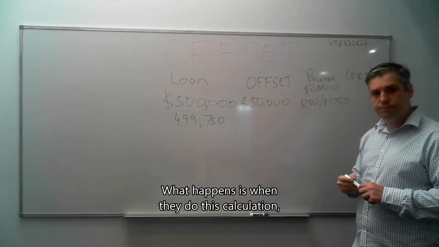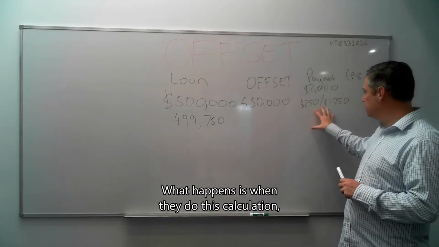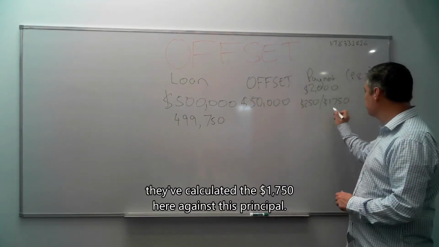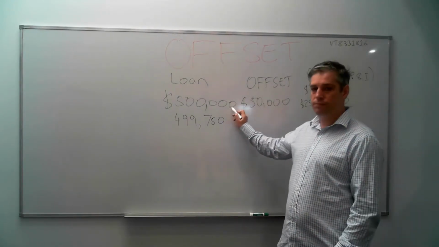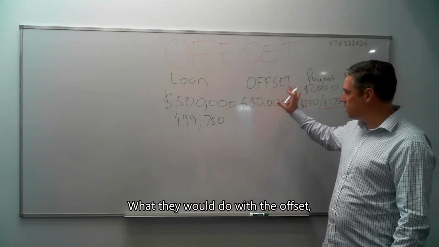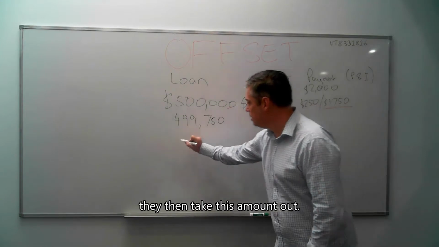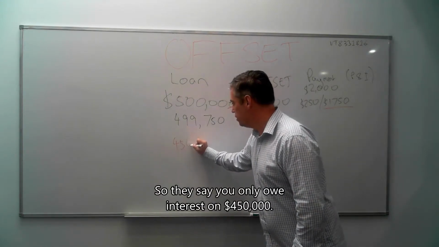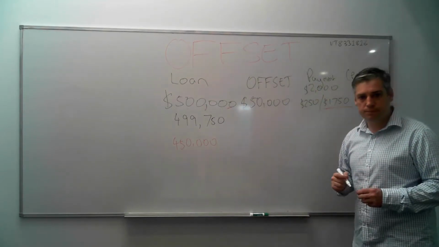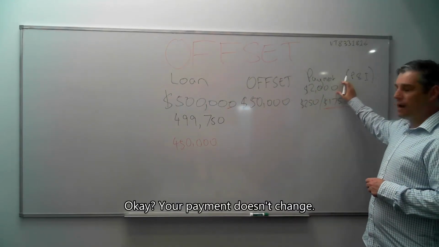What happens is when they do this calculation, they've calculated the $1,750 here against this principal. What they would do with the offset, they then take this amount out. So they say you only owe interest on $450,000. Okay? Your payment doesn't change.